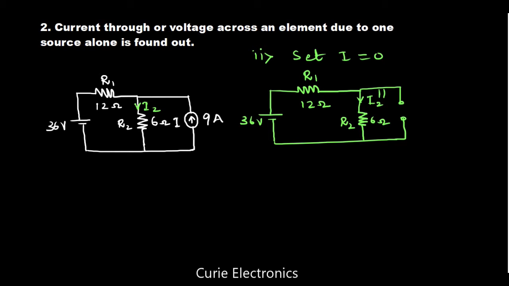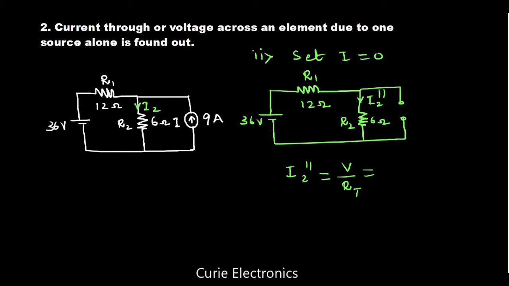Now what is the current flowing through this 6 ohm resistor? If the current source is open, this is a series circuit, so we can apply Ohm's law. I2 double dash equals V upon total resistance RT. So it's a series circuit, and the same current flows through this 12 ohm as well as the 6 ohm resistor.